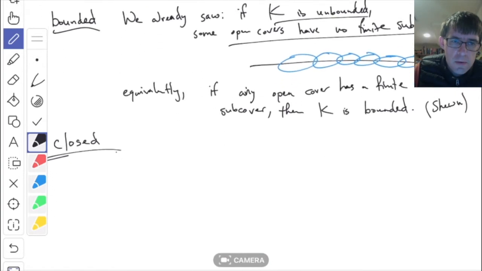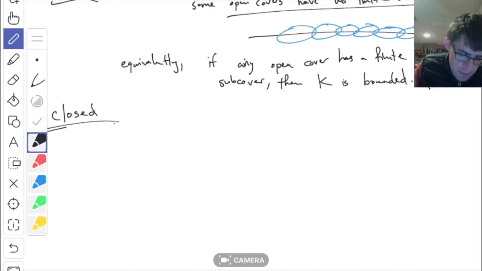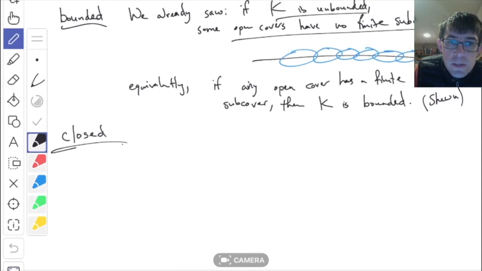What about closed? I want to show that K is closed. Remember, closed means it includes all of its limit points.